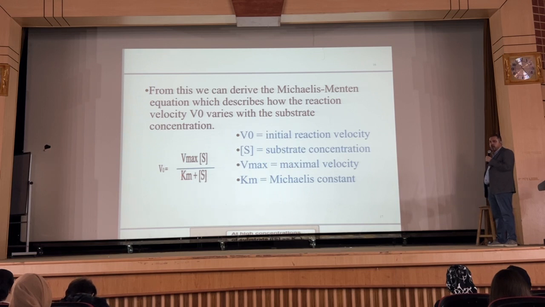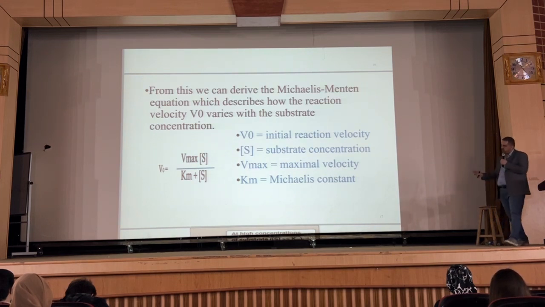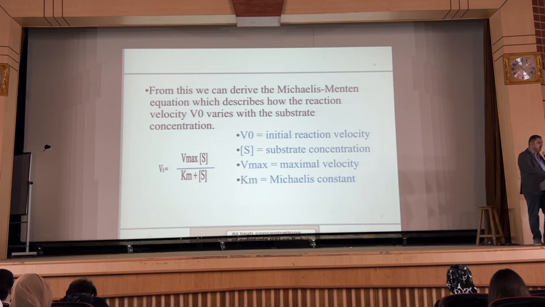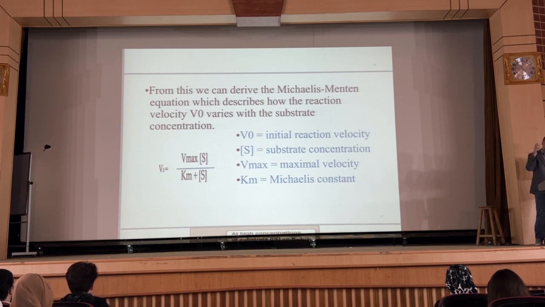While Km is how much substrate is needed to reach half of the Vmax, half of the reaction. From this equation, we can calculate Vmax, Km, substrate concentration, velocity. Simple.